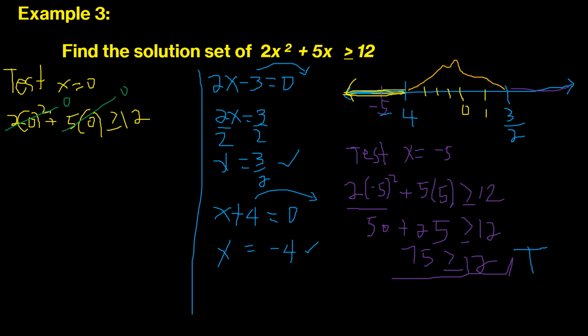So 0 plus 0 is still 0. Is 0 greater than or equal to 12? From this statement, that is false. So the left region is true, and this middle region is false.